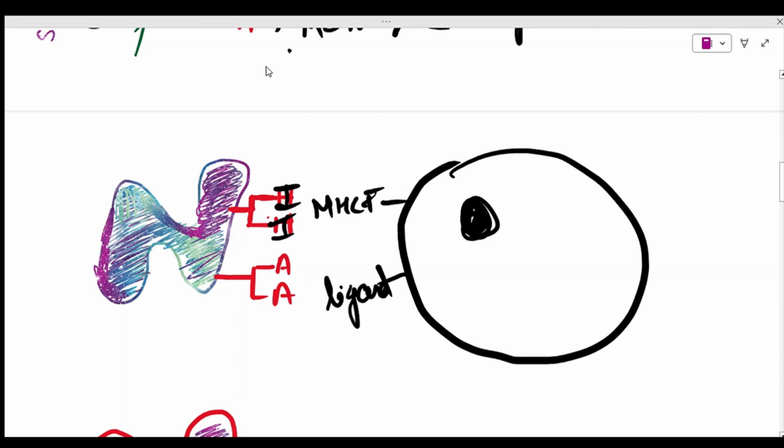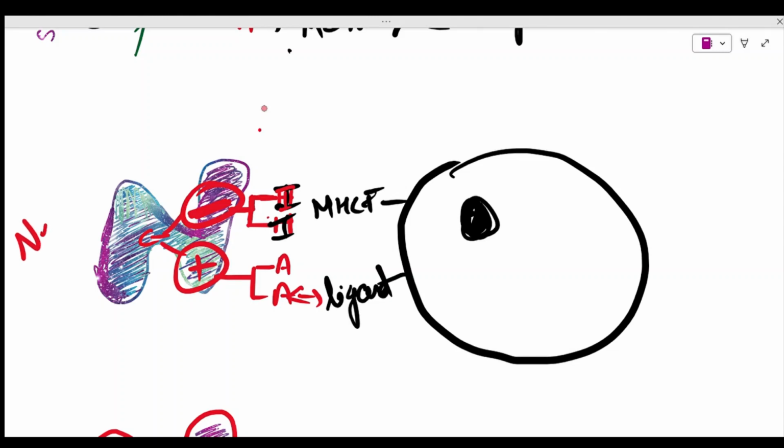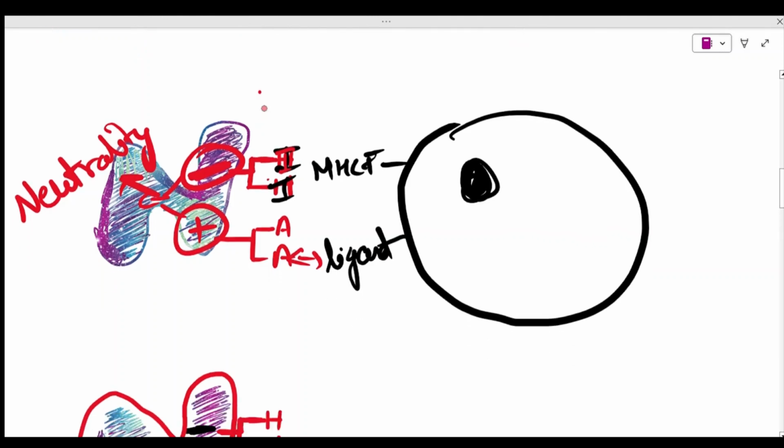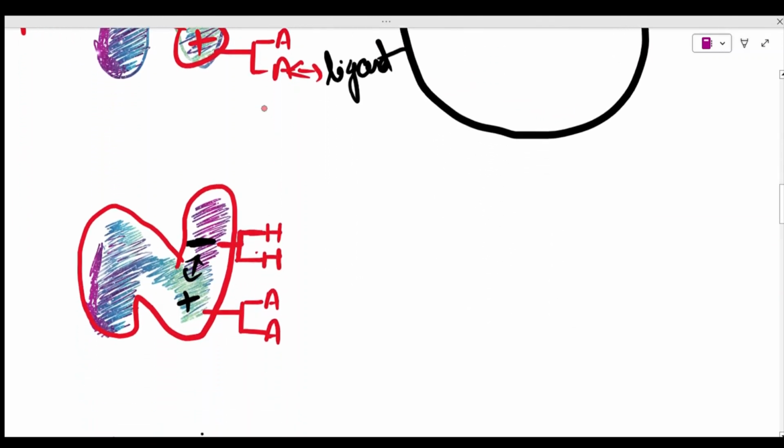Whenever this MHC class 1 interacts with the inhibitory receptor of the NK cell, it will send a negative signal to the NK cell, and when the ligand interacts with the activatory receptor, it will send a positive signal to it. These both signals will combine and cause neutrality inside the NK cell, so there will not be any activity in the NK cell.